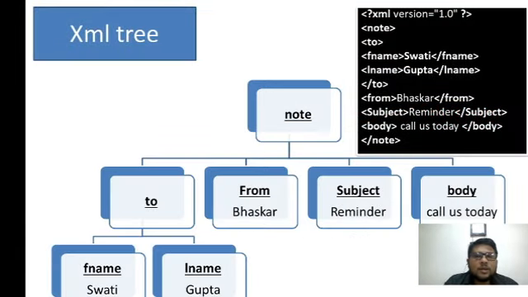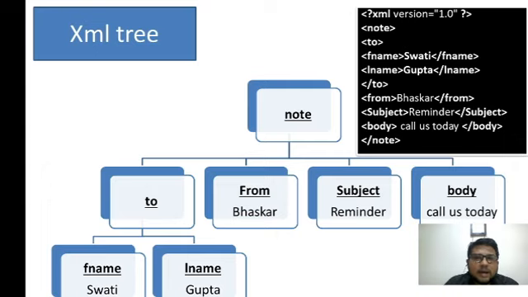Okay, this is called an XML tree. The same code that I have written, I have shown here in the top right corner. That is the code, and from that code I have created an XML tree. Look carefully. First is the note. Note is the root element, so it is at the top.